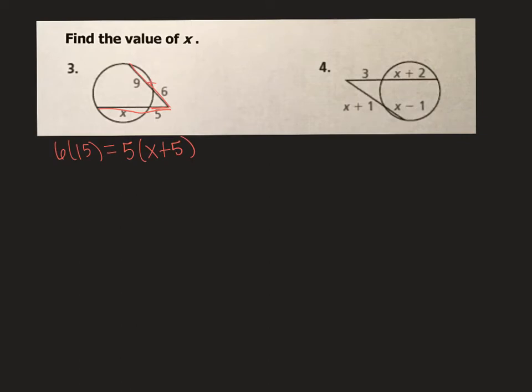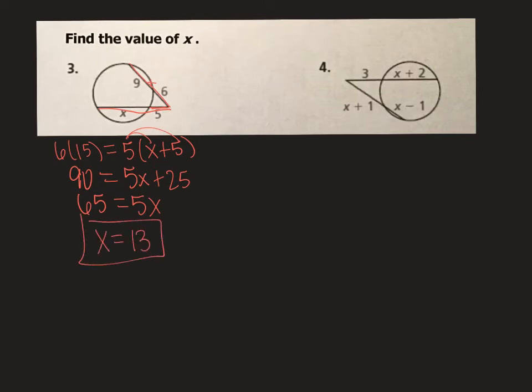So 6 times 15 is 90. I distribute my 5 to get 5x plus 25. I'm going to subtract my 25 to get 65 equals 5x. And then when I divide by 5, I end up with 13 for x.